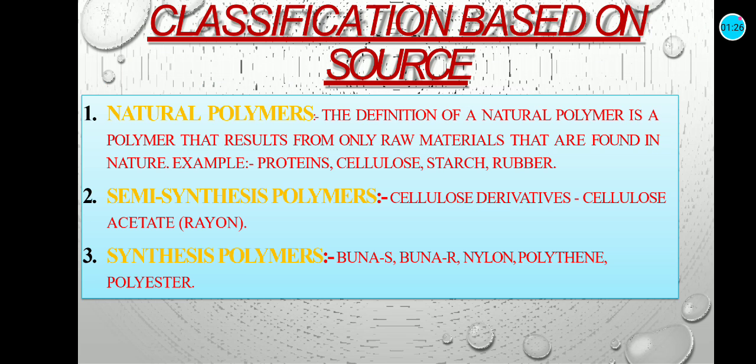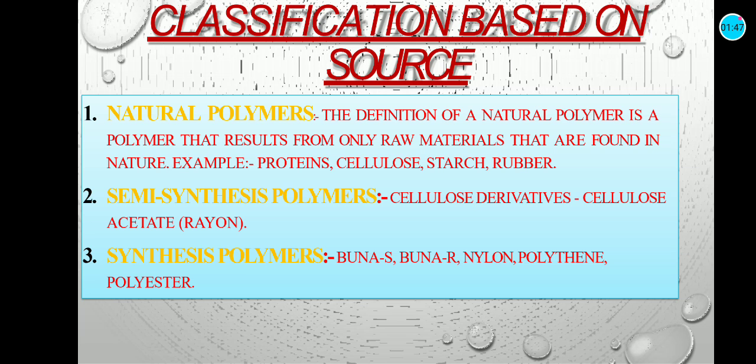Okay, we will discuss classification based on sources. There are three types based on sources. First is the natural polymers. A natural polymer is a polymer that results only from raw materials that are found in nature.